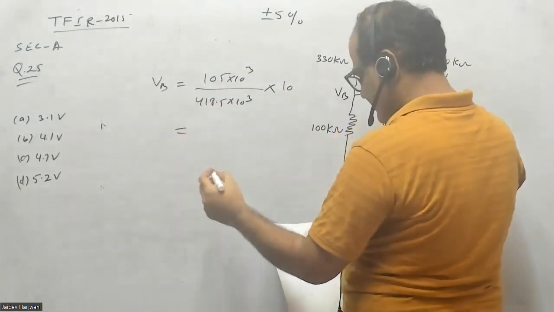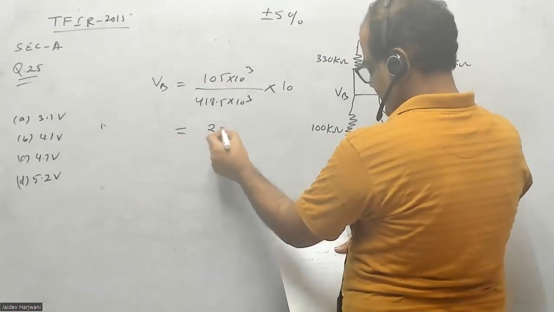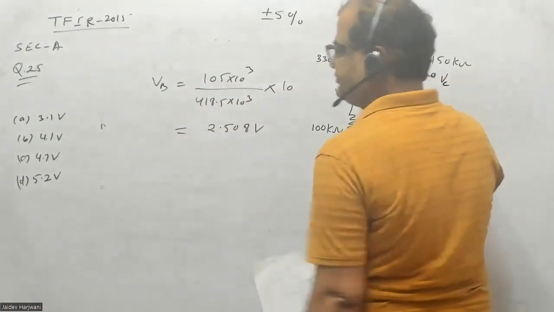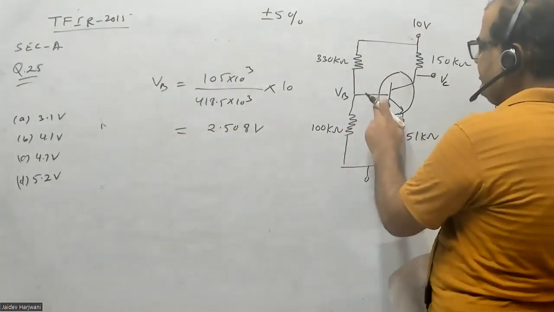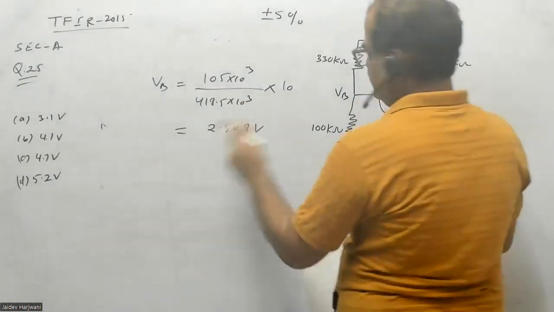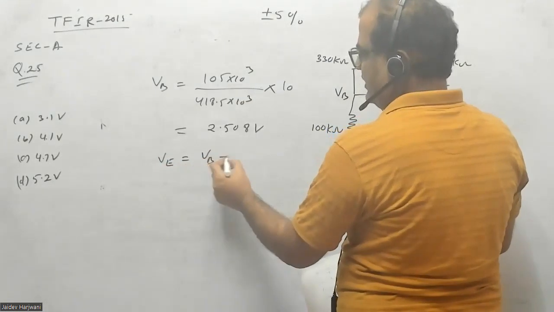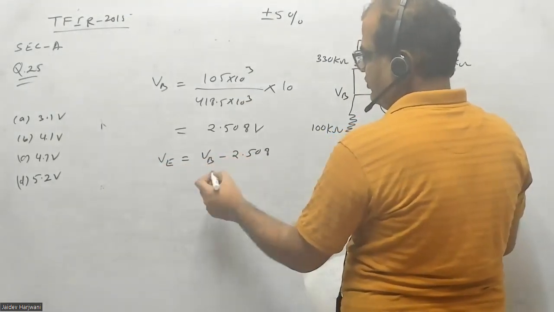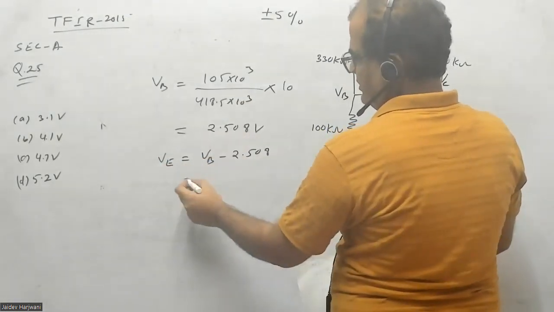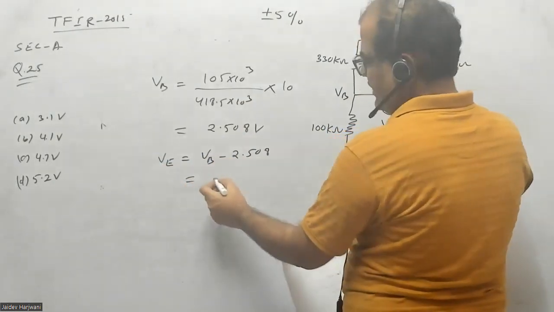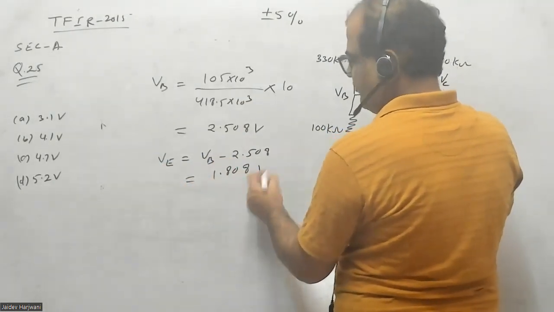This gives me VB equal to 2.508 volt. Now VBE is given as 0.7, so VE will be VB minus 0.7, which gives the VE value 1.808 volt.